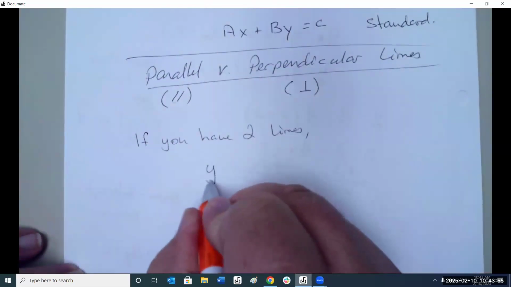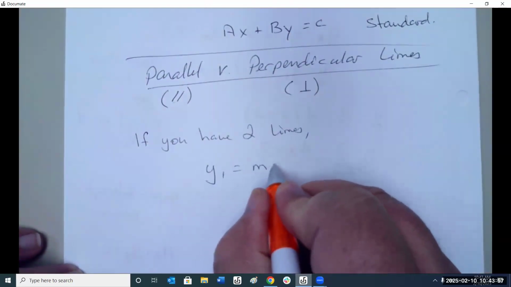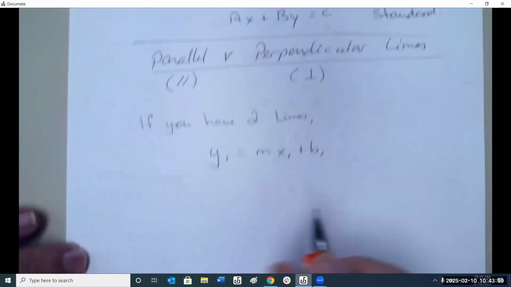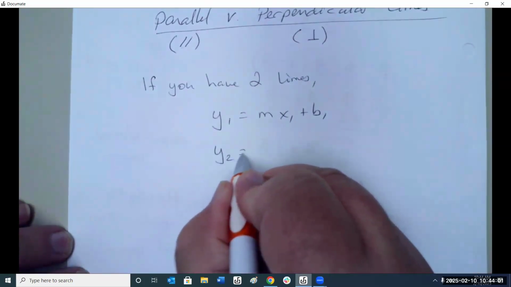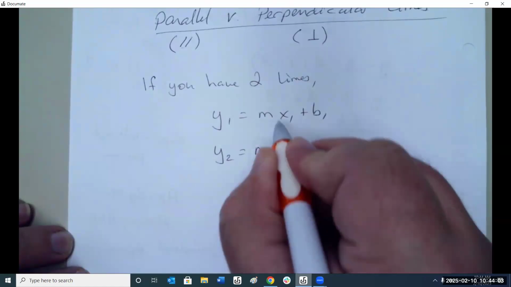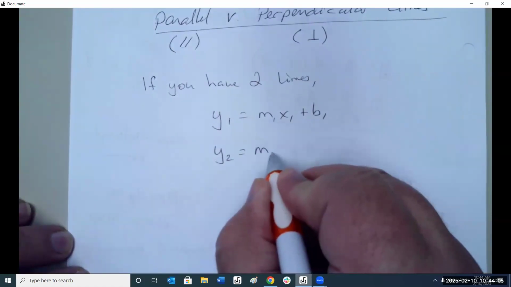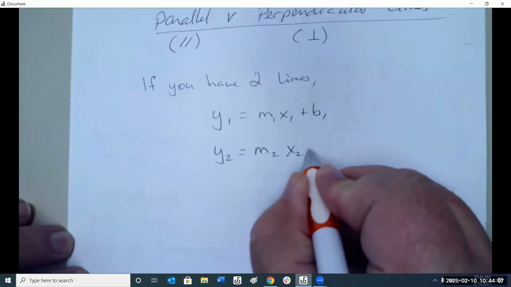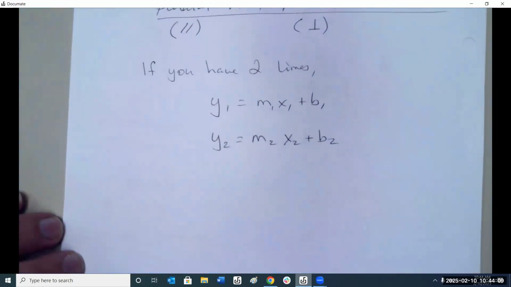Let's say we have y1 equals m1 x1 plus b1, and y2 equals m2 x2 plus b2.